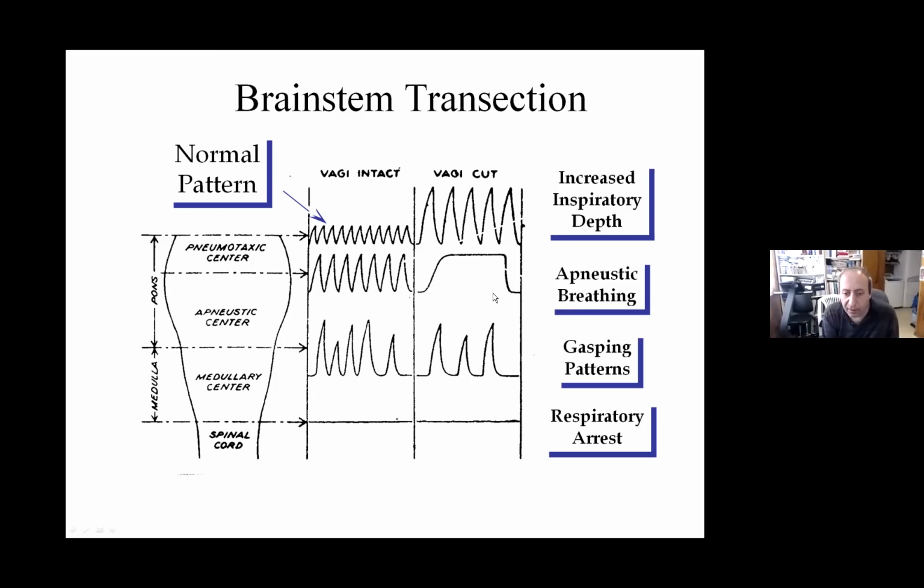For example, if we cut at the level between the pneumotaxic center and the apneustic center, we get this apneustic breathing. When someone breathes for a long period, it's like a square kind of breathing, and then it releases air.